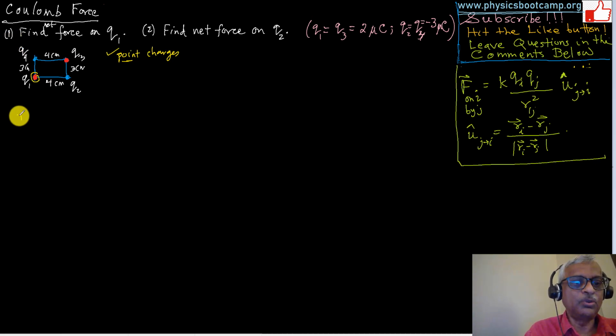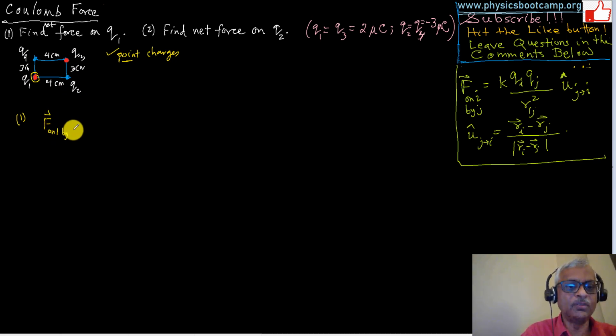So I'm going to do one my way. I'm sure there are many ways of doing this problem. This is so elementary, you probably have your own way of doing these problems. So I need to figure out the forces from 2, from 3, and from 4. So F on 1 by 2.